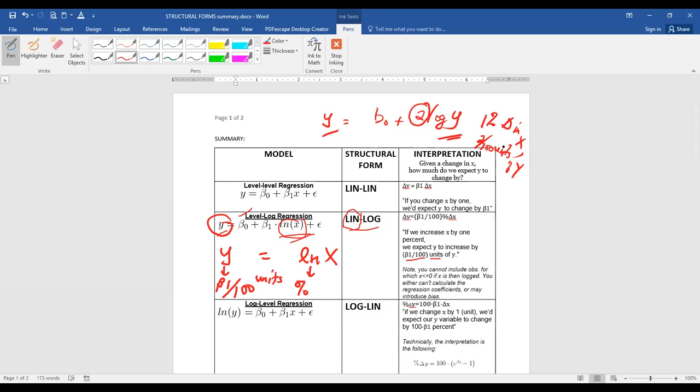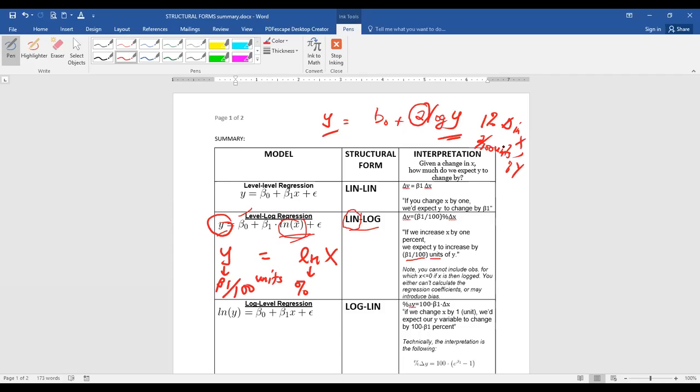So tandaan nyo guys, pag linear si Y, log si X, just remember kung sino man yung nagiging log, lagi naka-percent yan. So in that case, for every 1% change in X, there's a corresponding, ang mangyayari kay Y naman, i-divide natin ng 100.